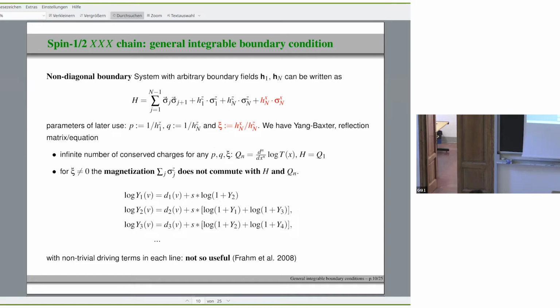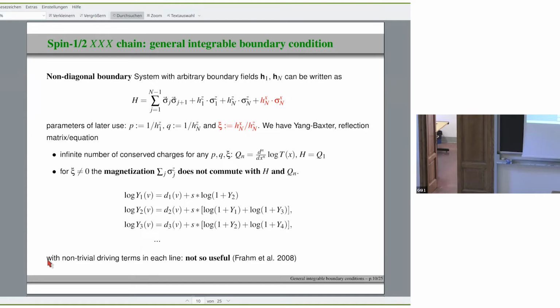There is a right end and an interaction with a boundary field number n. Here, by the still remaining U(1) symmetry, we can enforce the y component of the field to be 0. Only h_n^z and h_n^x appear. And then, okay, so this is what we want to investigate, for arbitrary values of h_1^z, h_n^z, h_n^x.